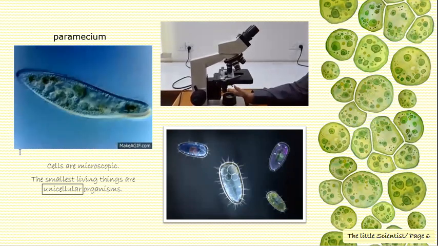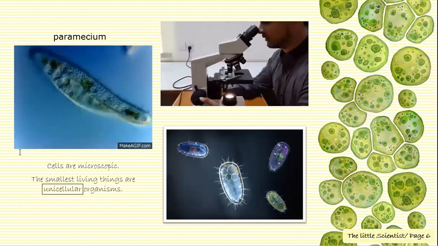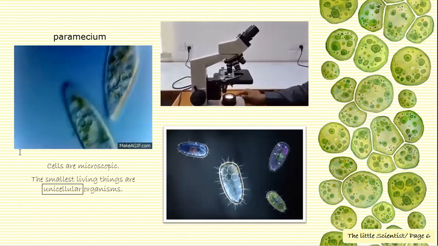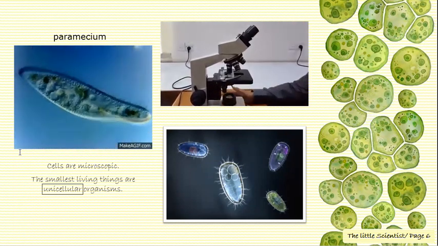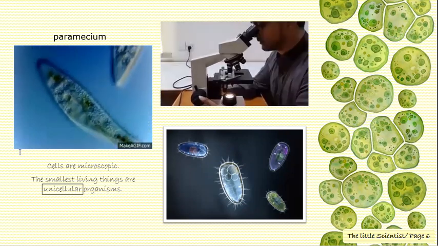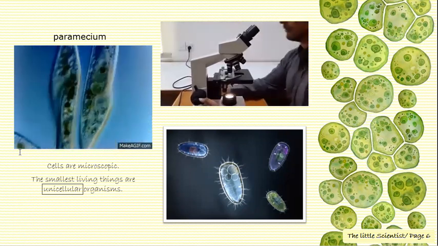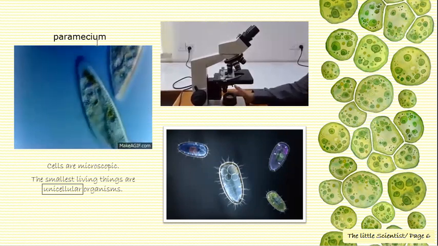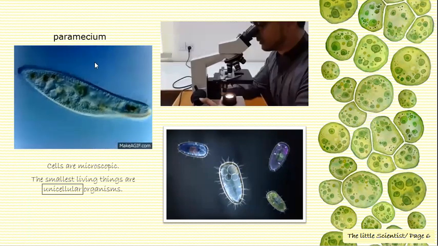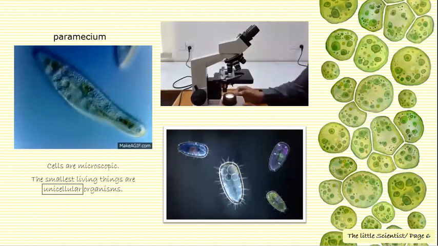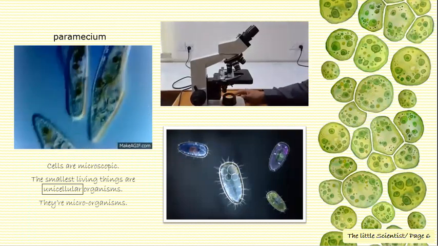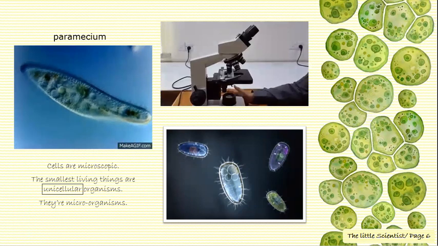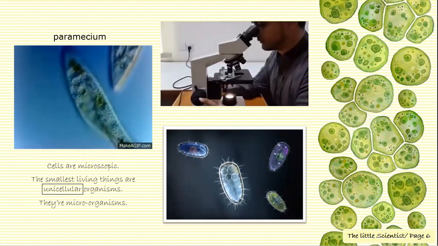I told you, unicellular makes us think of une cellule, one cell in French for sure. So this organism is made out of one cell. It is called unicellular organism, and we cannot see them with our naked eye. We'll need a microscope to see it. So it is a microorganism.